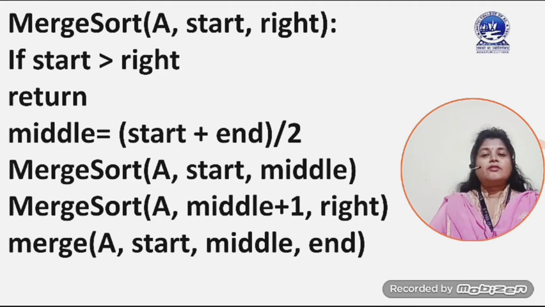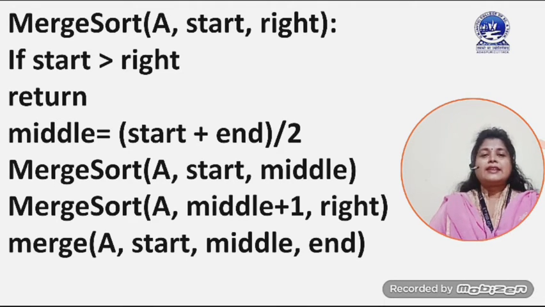Here we want to find the mid value of the list so that we can divide the list into two halves. Mid value means we are just finding the mid location number. On the basis of that we will divide the list. For example, suppose the list consists of 10 locations, then we may divide the list into 1 to 5 as one sub list and 6 to 10 as another sub list.